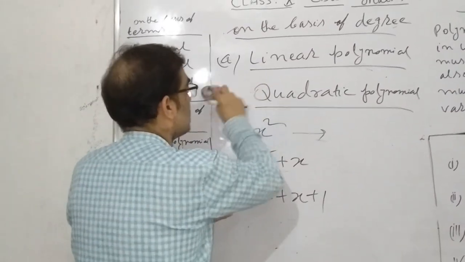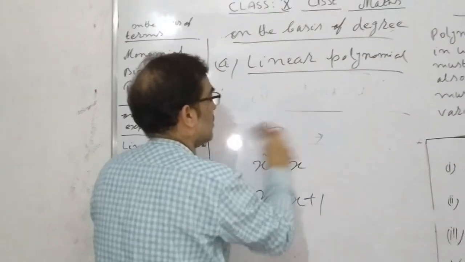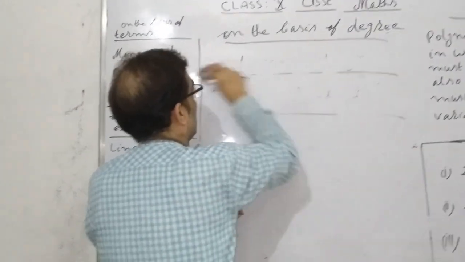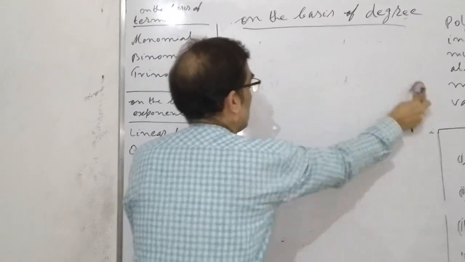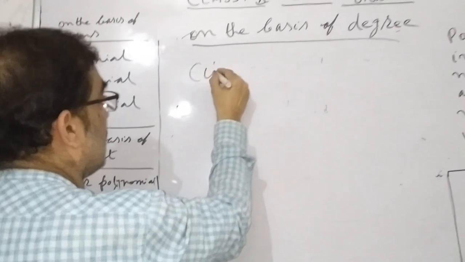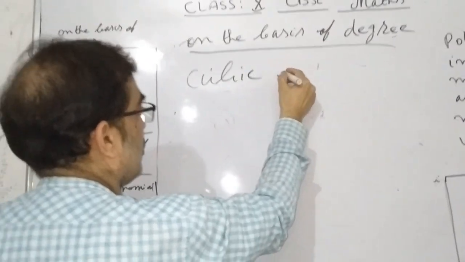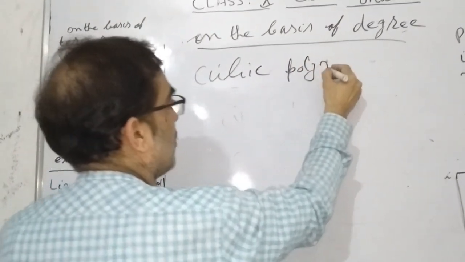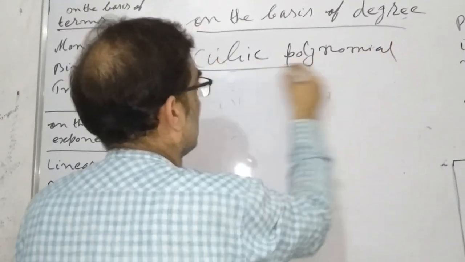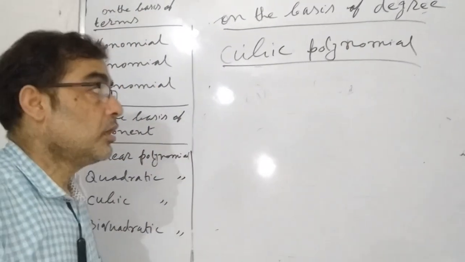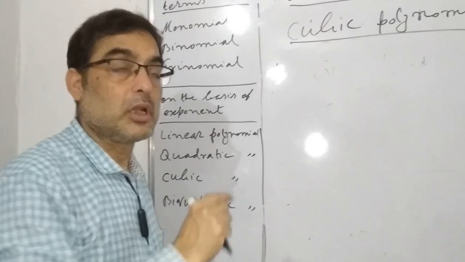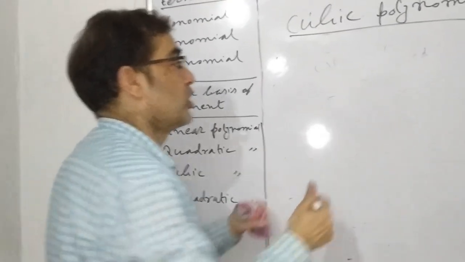And now cubic polynomial. The polynomial in which variable has degree 3 will be called cubic polynomial.